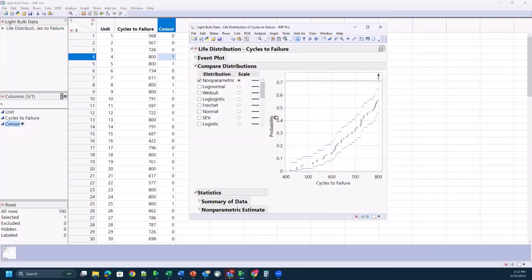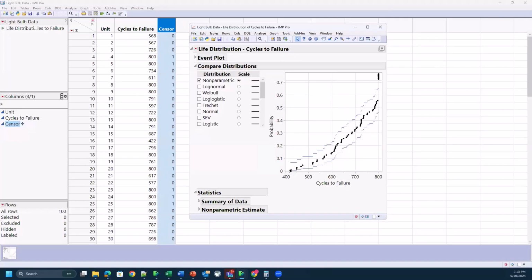Now, the first thing that we get, JMP always just gives us the data set, the raw data. And as we can see here, this plot is just a linear scale versus a linear scale. And it's got some curvature to it. These are each of our measured failed devices.